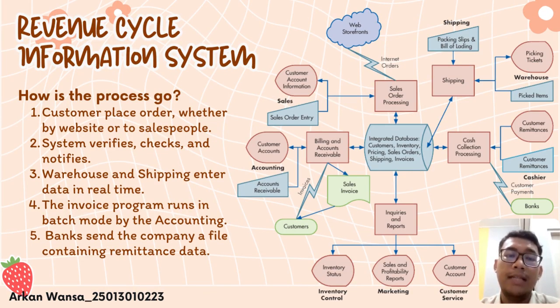Third, warehouse and shipping employees enter data about their activities as soon as they are performed. This means the inventory status update is in real time. You can see the flow on the top right. Then fourth, the invoice program runs in batch mode by accounting.